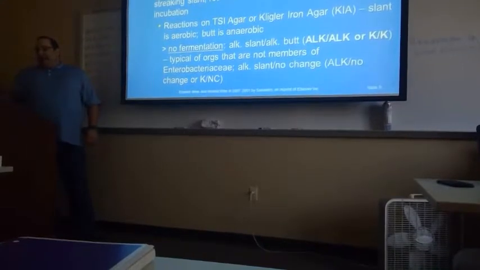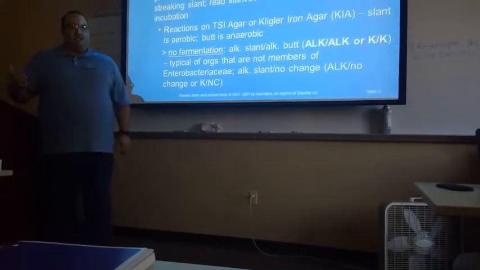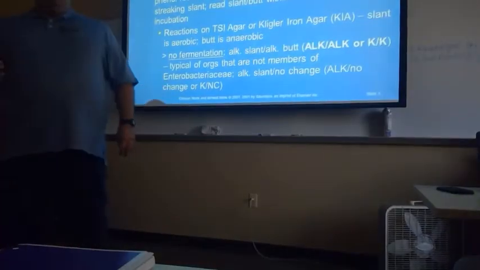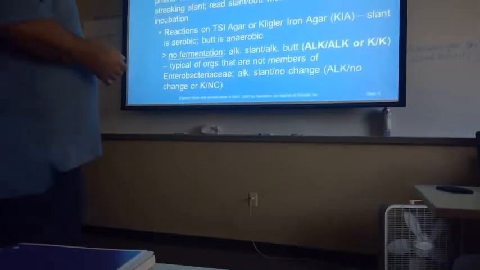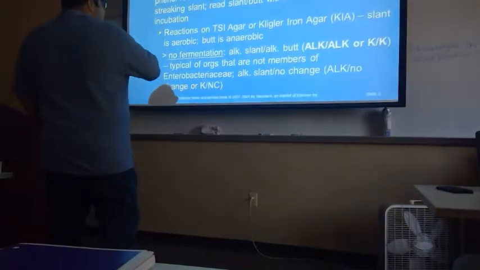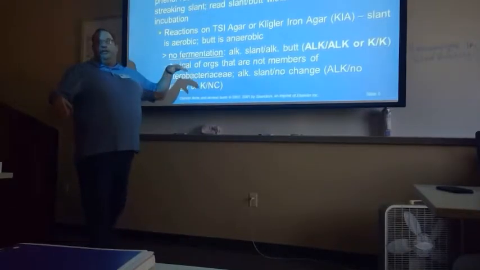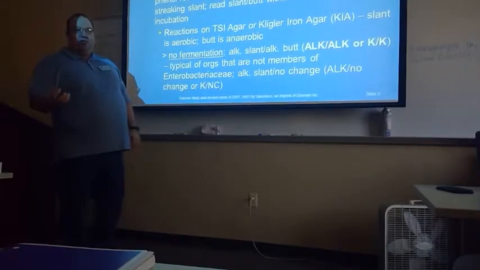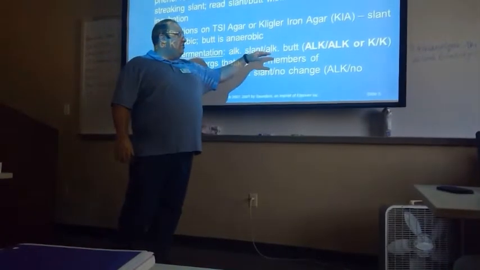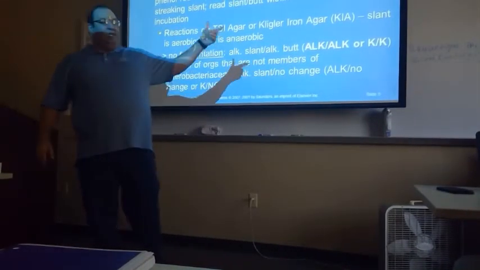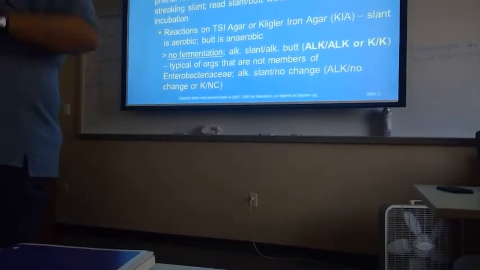It also has a pH indicator. So we're looking for alkaline versus acidic results. If it's yellow, it's acidic. If it's reddish, it's alkaline. So if it produces no fermentation in the bottom of the tube, which is anaerobic, or the top of the tube, which is aerobic, it will be alkaline, or written as K/K or alkaline, red over red.